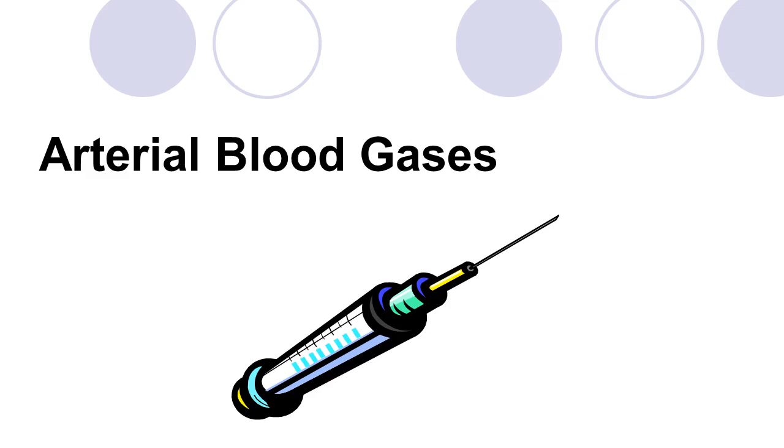So we have to take this system very, very seriously, because a patient who is not oxygenating properly could be put in serious peril, have oxygenation problems, and eventually die.